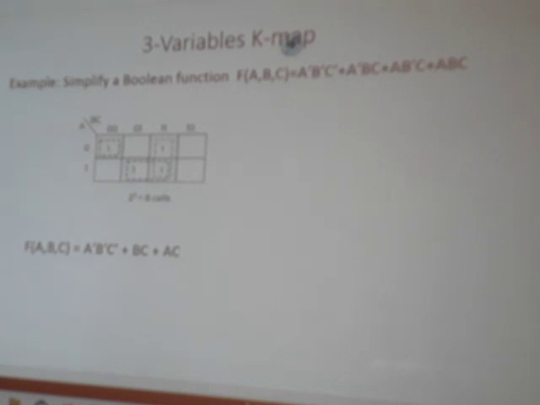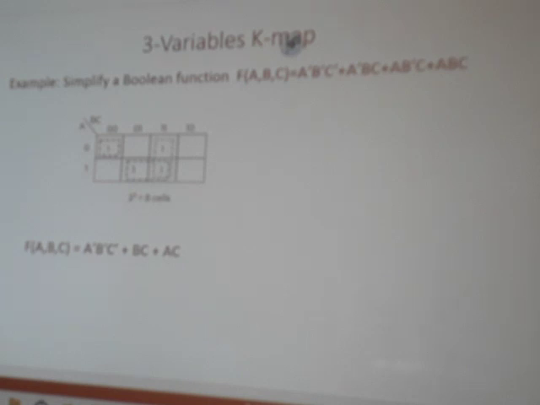So we have adjacent squares, and these adjacent squares can be combined to simplify the function. Now the two vertical squares are combined, having 1, 1. By combining, we will have a term.